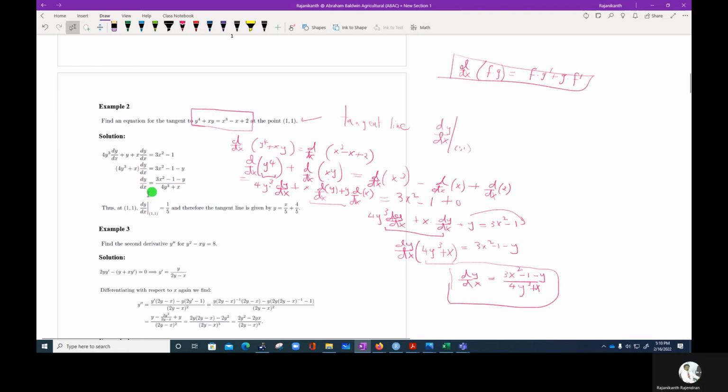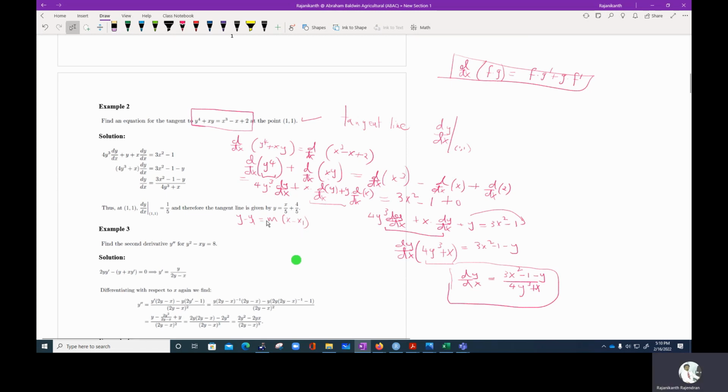Now remember, you are finding the slope at the point (1, 1). So simply plug in x = 1 and y = 1 here to get the slope m at that point. If you plug in (1, 1) here, you will simply get 1 over 5. That's going to be the slope of the tangent line. After that, you know how to find the equation of the tangent line using the formula y minus y1 equals slope times x minus x1.